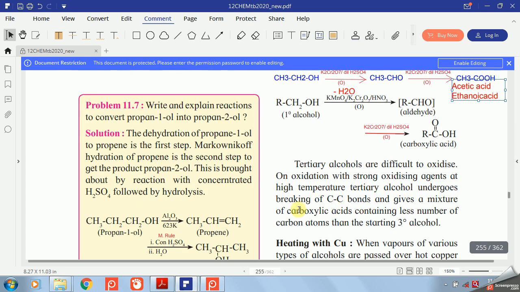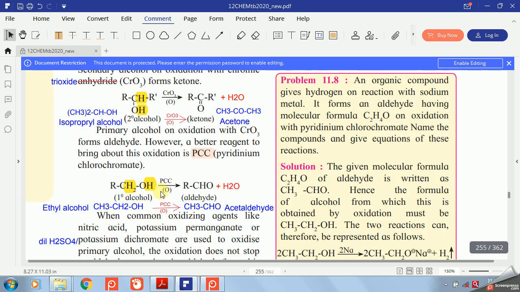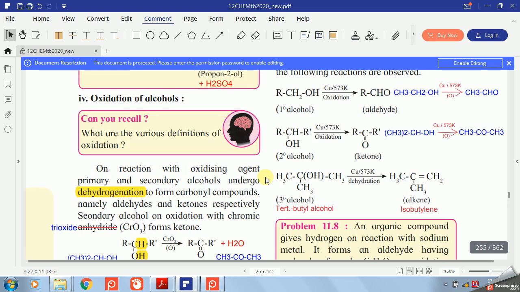But tertiary alcohols are difficult to undergo oxidation because if you observe primary alcohol, there is a removable hydrogen on the primary carbon. In case of secondary alcohol also, if you observe this isopropyl alcohol, there is one hydrogen, but in case of tertiary alcohol, there is no such hydrogen on that alpha carbon.